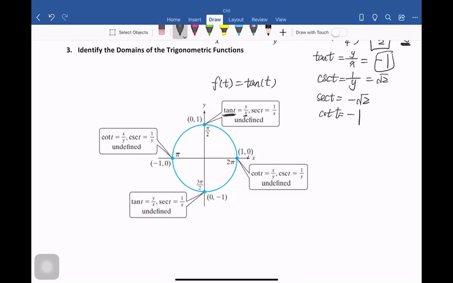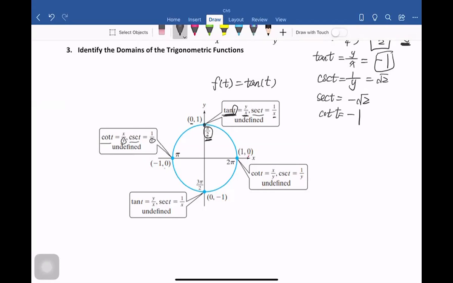What condition on t can make the x value equal 0? We can't choose that. When t equals pi over 2, x is 0, so tangent t is undefined here. And secant t equals 1 over x, so secant t also is not defined at t equals pi over 2. Cotangent t and cosecant t are the same because the denominator has the y value.